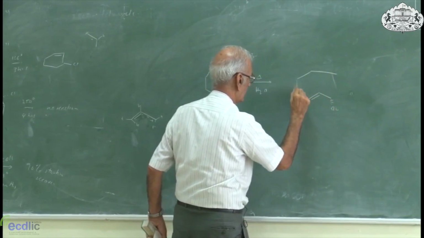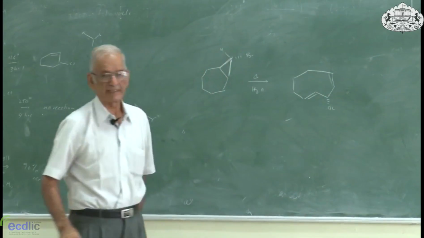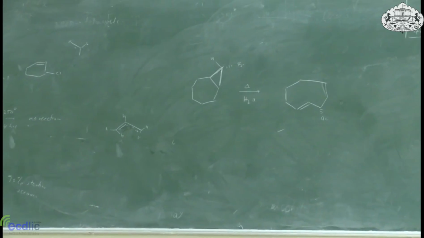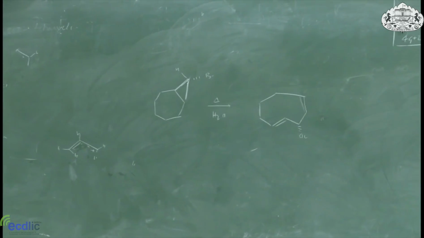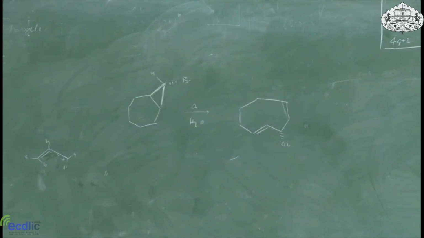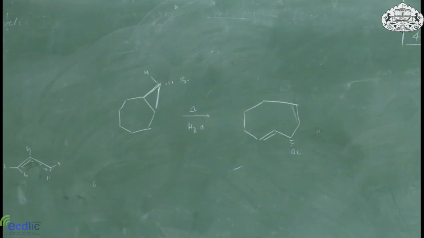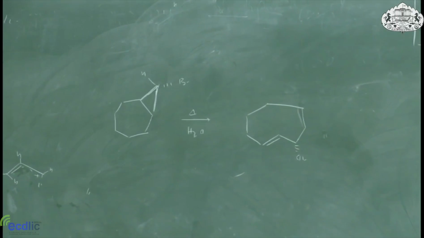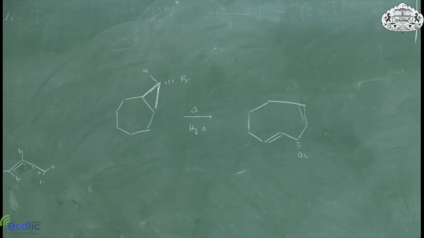One, two, three, 4, 5, 6, 7. That is the product. Water has again double role. First it helps in polarizing carbon-bromine bond. In the next step, it serves as the nucleophile, and you end up in this.